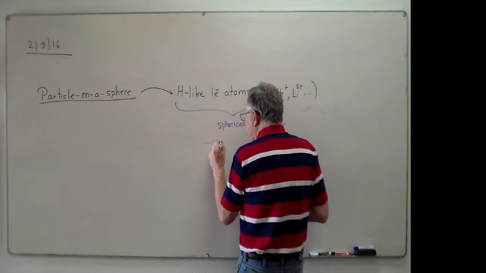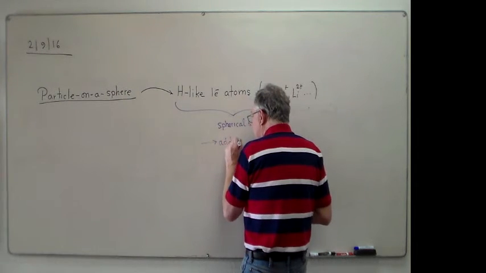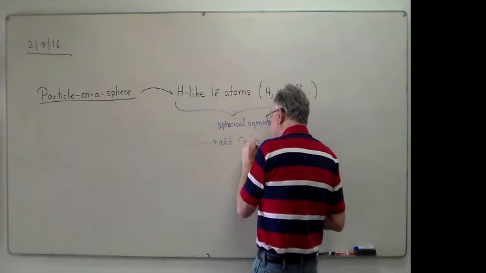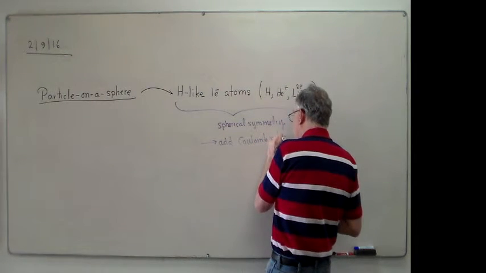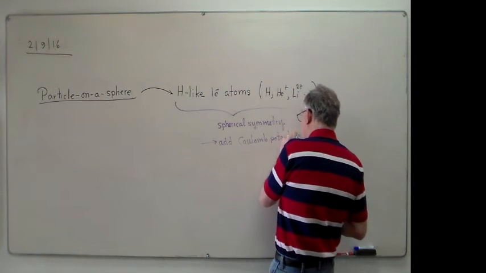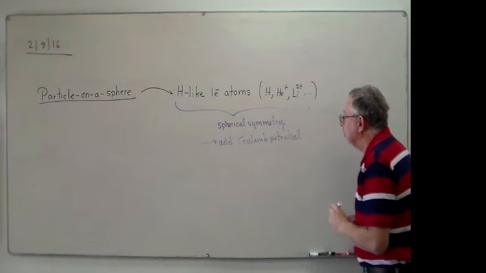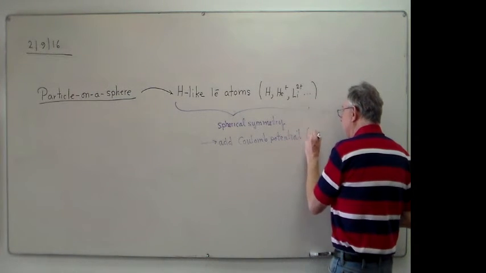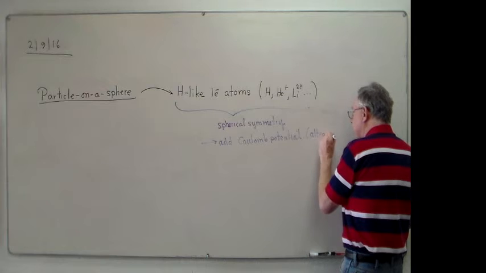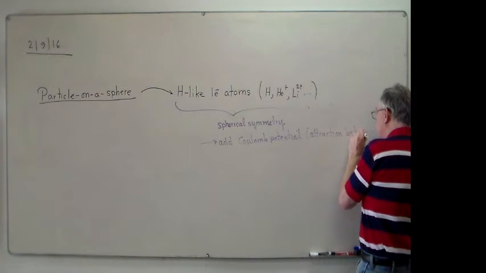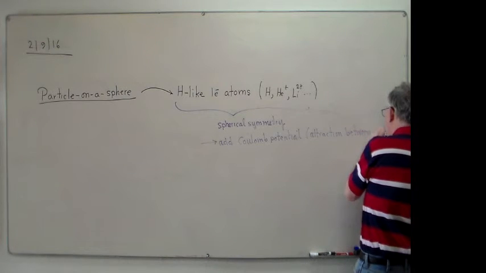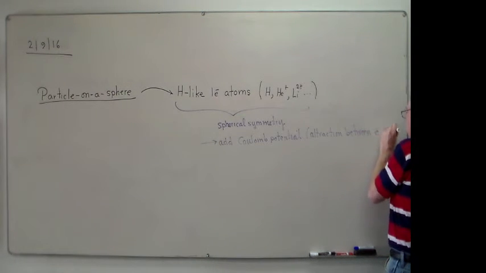But we add a Coulomb potential. And this is, of course, the attraction between the electron and the nucleus.